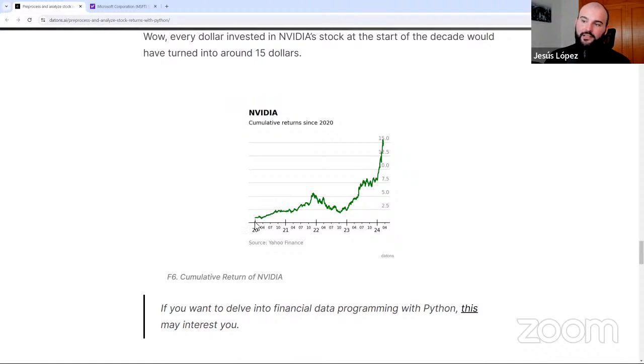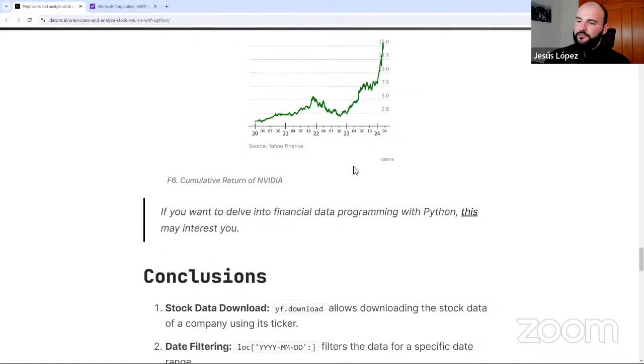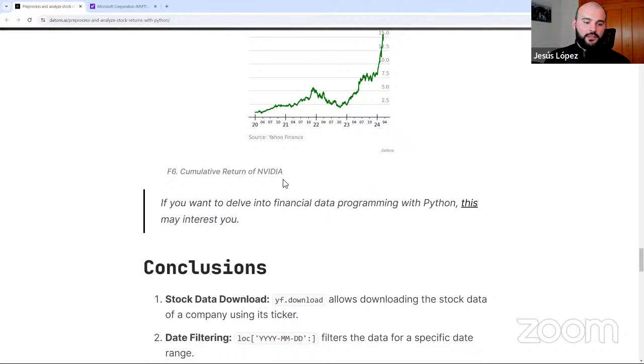If we would have invested $1 in the NVIDIA stock in the year 2020, today we would have $15 for each one.